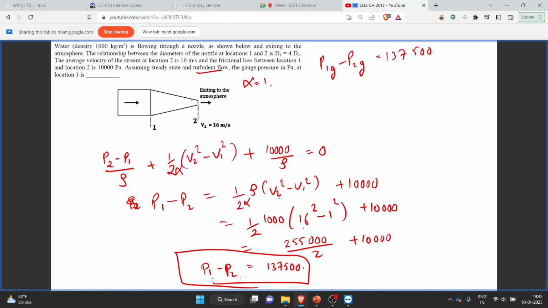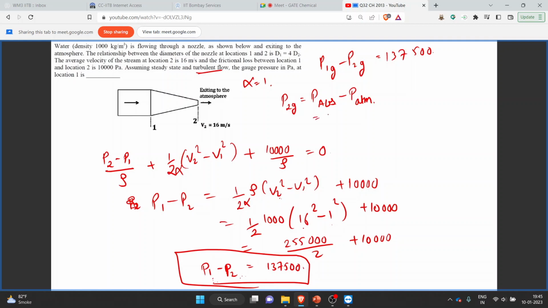Now if we look at this second point, that is P2 gauge, it will be P absolute minus P atmospheric. Since at this location 2 the fluid is already exiting to the atmosphere, the pressure at this point will be equal to P atmospheric.